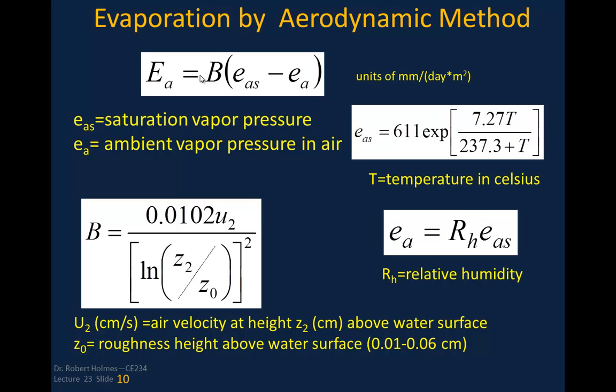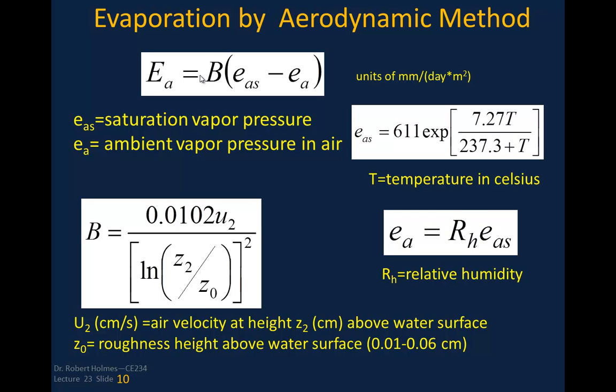If we're not concerned about that, or if we don't have enough data to compute that method, we could look at the aerodynamic method, which basically looks at how the wind can move the moisture away from the surface.